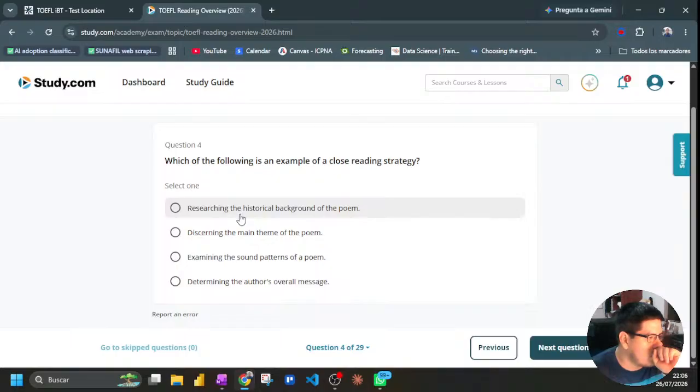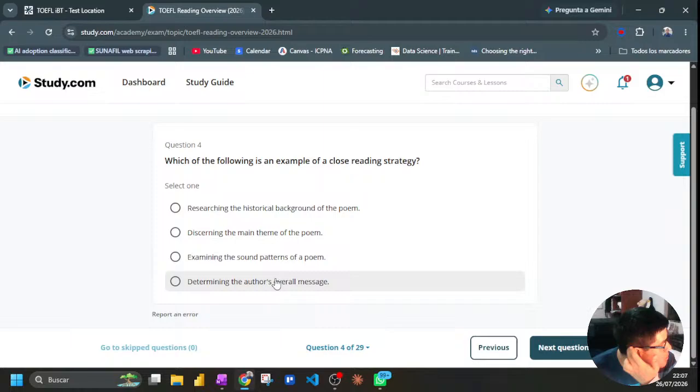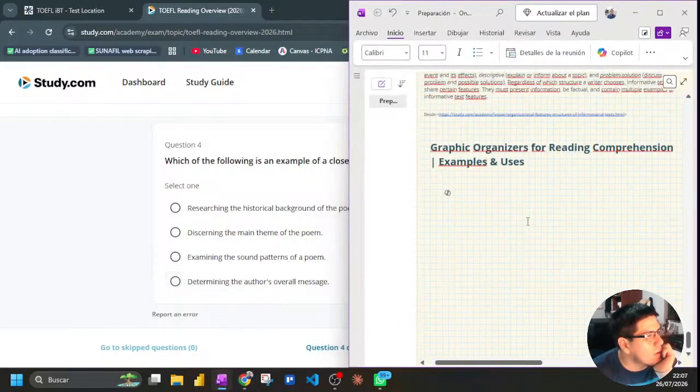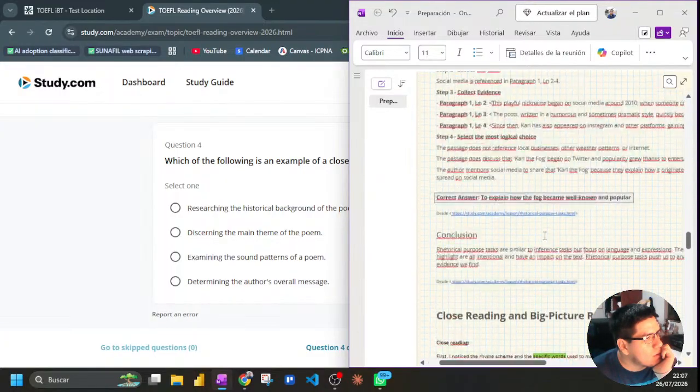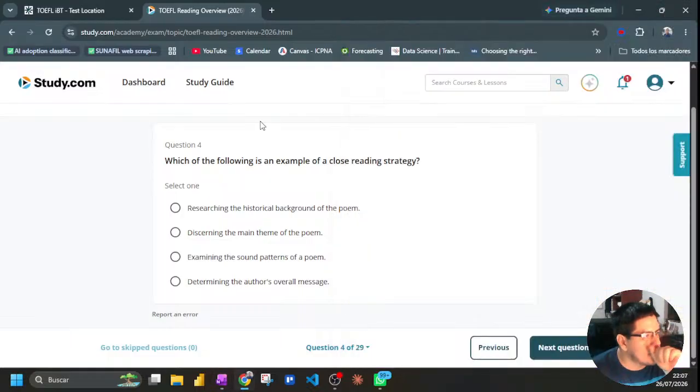That is not a close reading, it is the other one. What is the big picture reading? Discerning the main theme of the poem. Yeah, I think it's that.